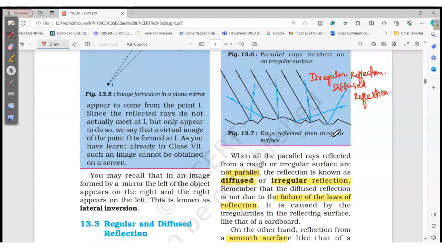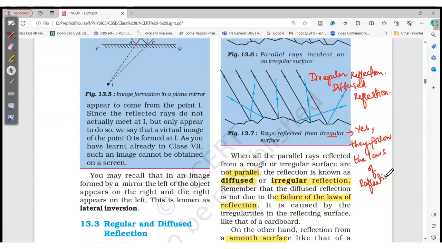Does irregular reflection follow the laws of reflection? Yes, they do. They follow the laws of reflection. Then why are these rays not parallel to each other?